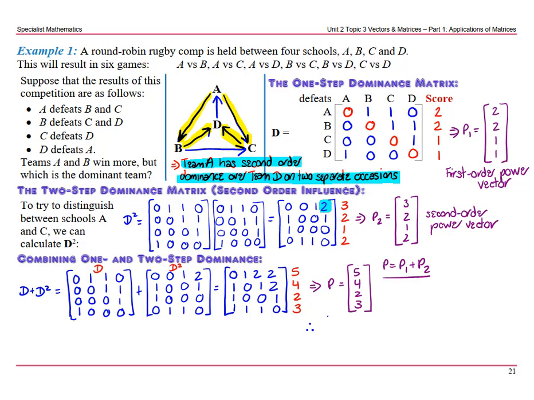So therefore, first is Team A, second is Team B, third is Team D, and fourth is Team C. So Team A has the highest dominance ranking.